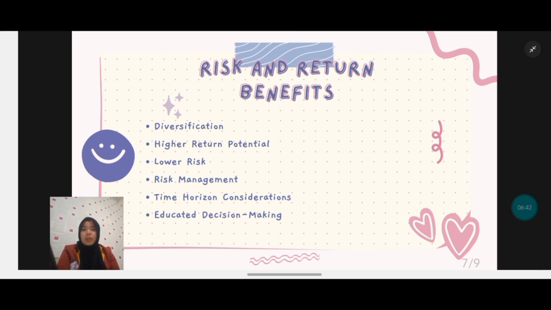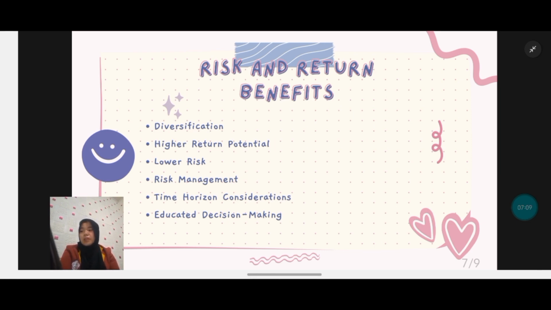Number three, lower risk. On the other hand, low-risk investments, such as government bonds or certificates of deposit, provide greater safety of principal but typically offer lower returns. These investments are suitable for investors with a lower risk tolerance.